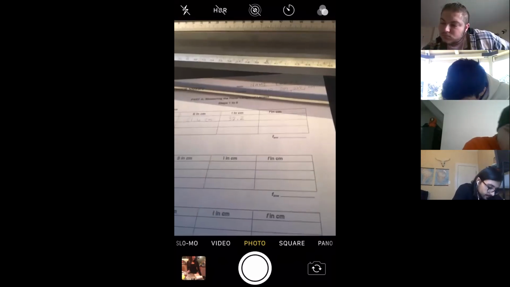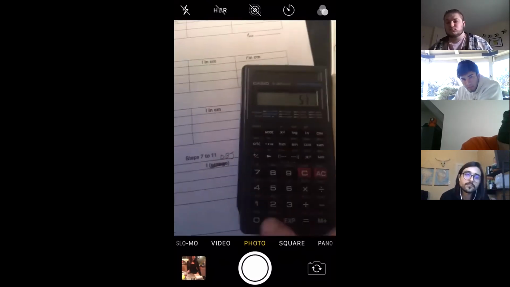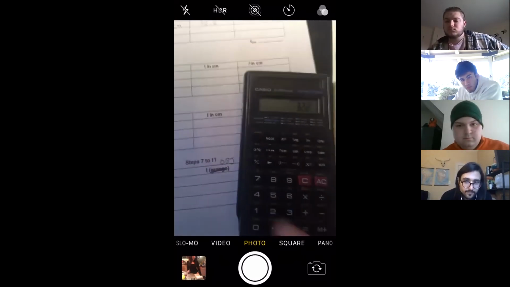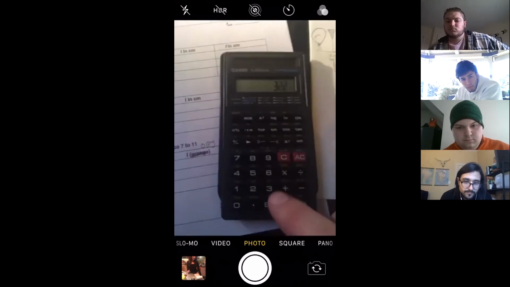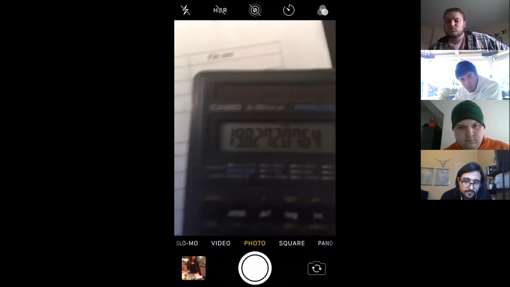Yeah? Now we're going to calculate the focal length using the lens maker's formula. So I'm going to do this really quick. Watch how I do it. 32.2 times 51.6 divided by, open parentheses, 32.2 plus 51.6, close parentheses, equals.